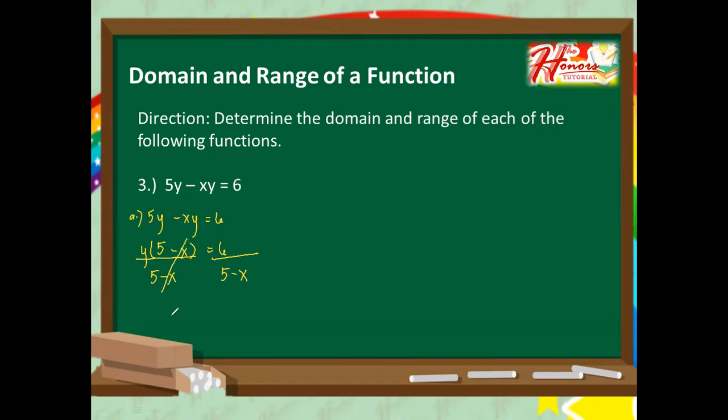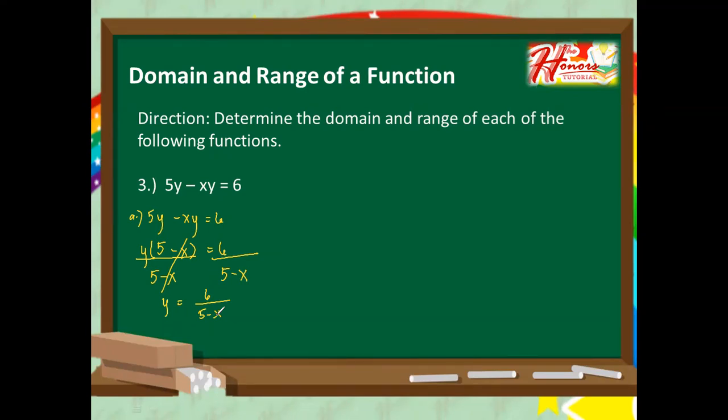Let's cancel this. So now y is equal to 6 over 5 minus x. We should have our restriction here. It is because we have here our x, the variable, in our denominator. So therefore, we should avoid any number or any value of x that will make the equation undefined.